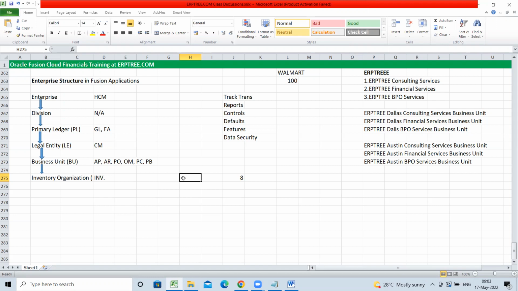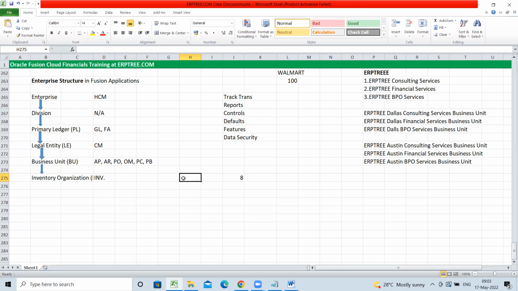First you should know the structure; second, what the different units are and what they mean. The third point is, when you do the implementation, how many of each we have to create and on what basis. The fourth point is which applications can be mapped at what level. The fifth point is what level reports can be generated. This is what we have to remember when we talk about enterprise structure.